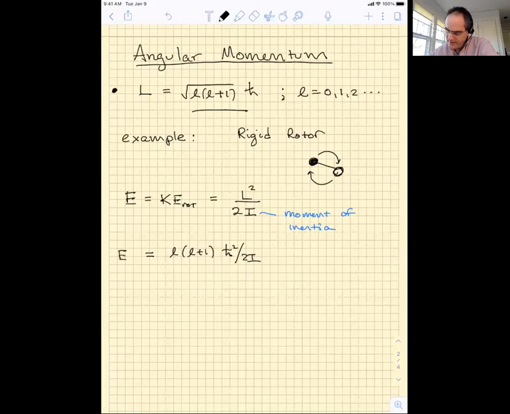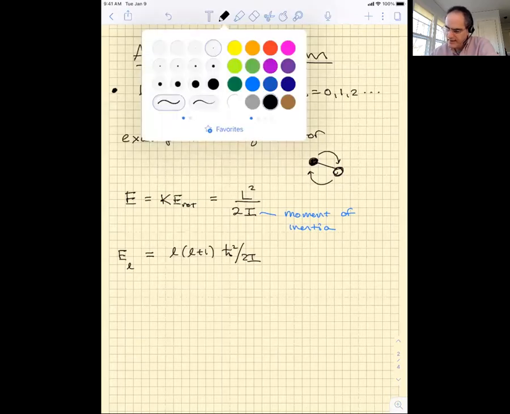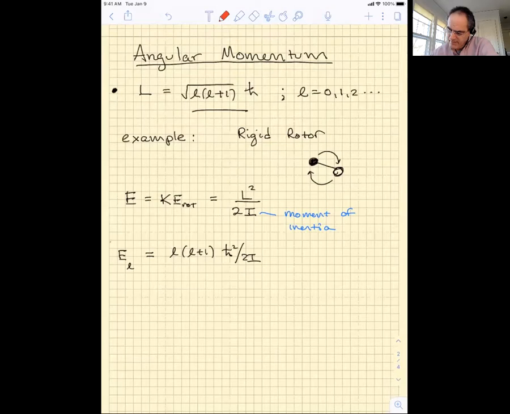And we'll write this as an expression for the energy, which we'll write as E sub L, since clearly the energy is quantized and depends on the quantum number L. And just as before, L can take on only integer values. Wow, we're done. We figured out the energies for this system without actually having to do any work.